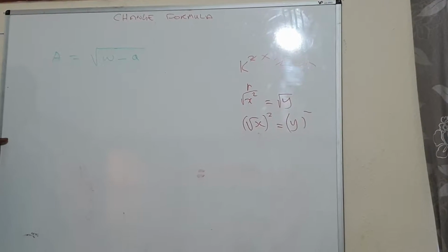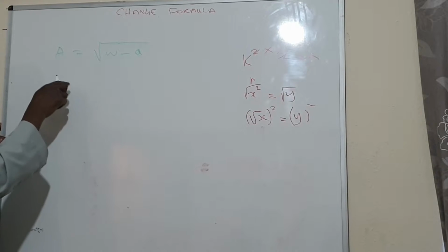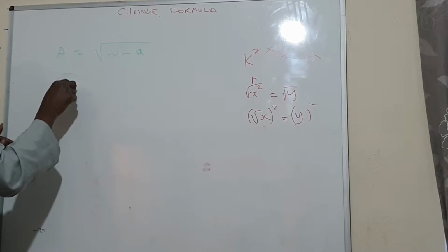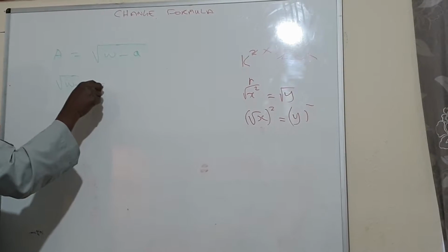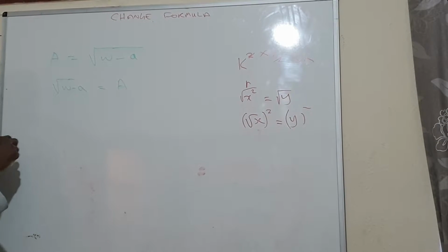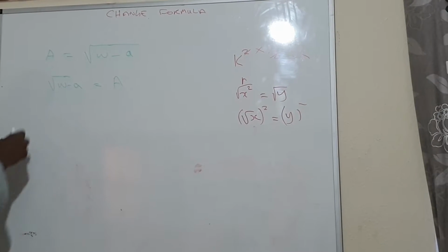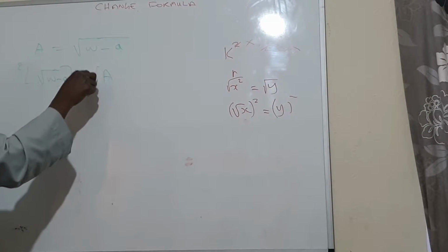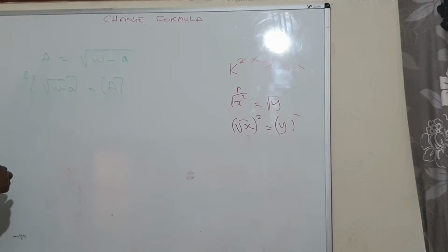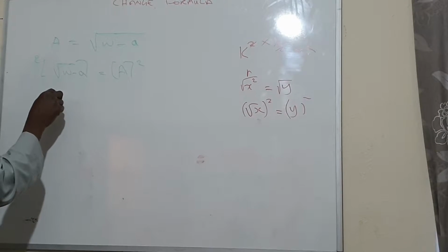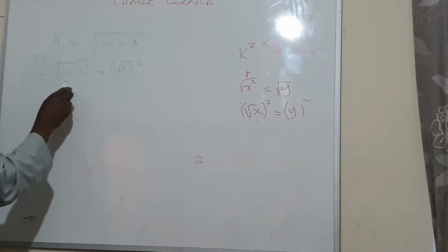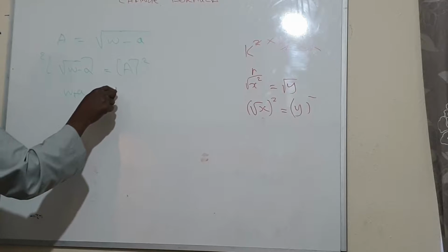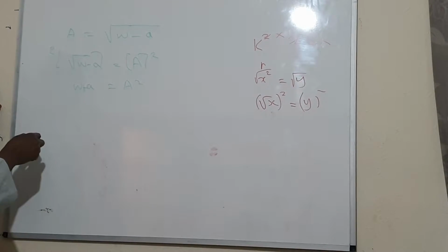Now, as I said, all this is a square root. So to get rid of the square root, what do we do? Square. If we square both sides, we get rid of the square root. If you square that side, you have to square this side also. So here we will have W minus A is equal to A squared.